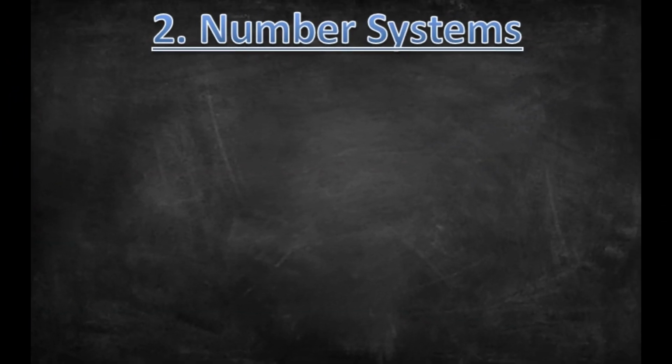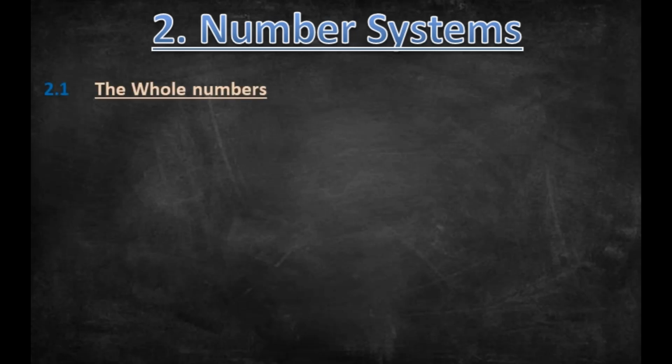Let's have a look at the different number systems. The first set of numbers that we want to look at are the whole numbers. We use the symbol W for the whole numbers, and it consists of 0, 1, 2, 3, etc. Then the second set of numbers that we want to look at are the natural or counting numbers.